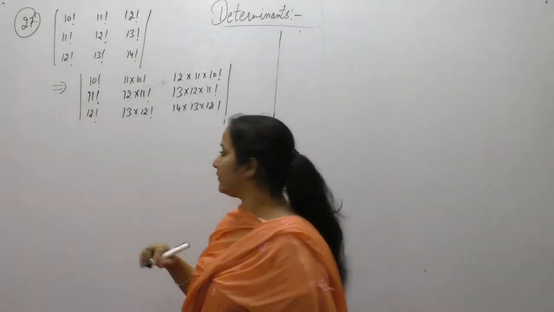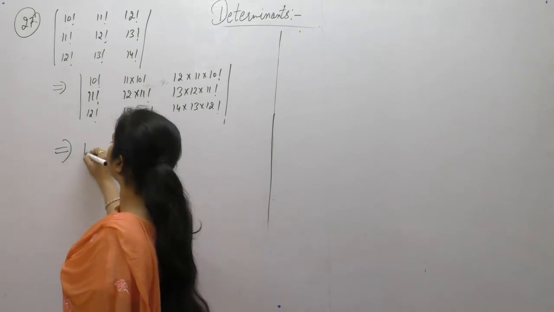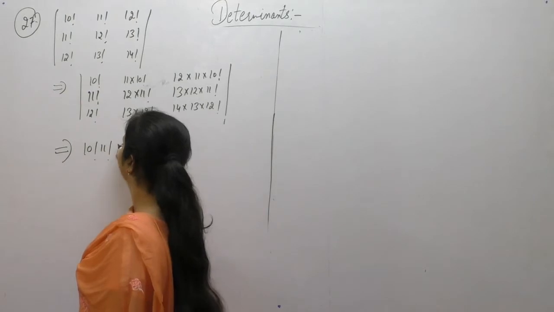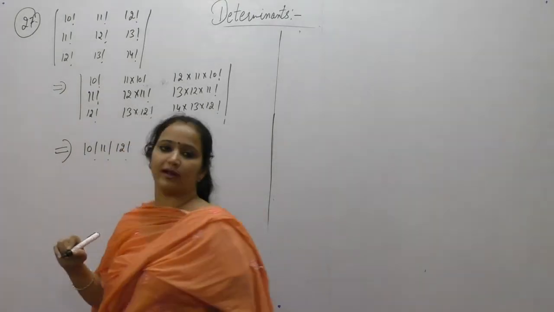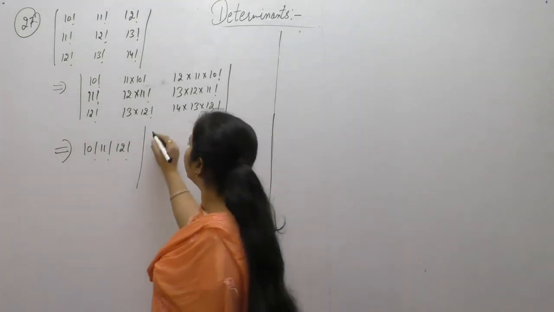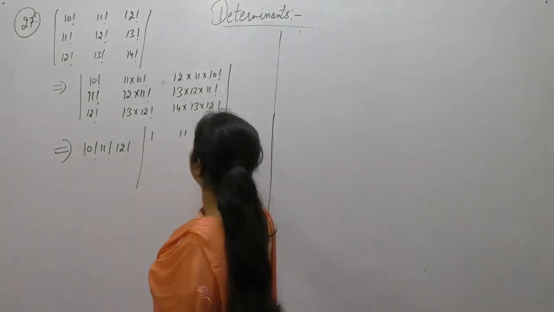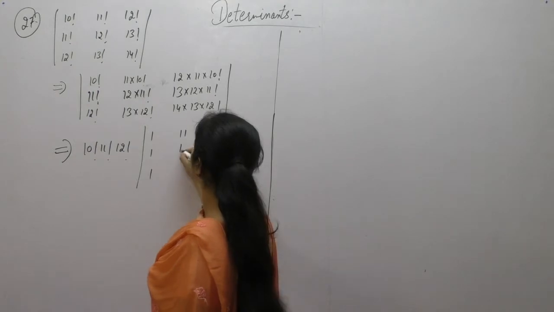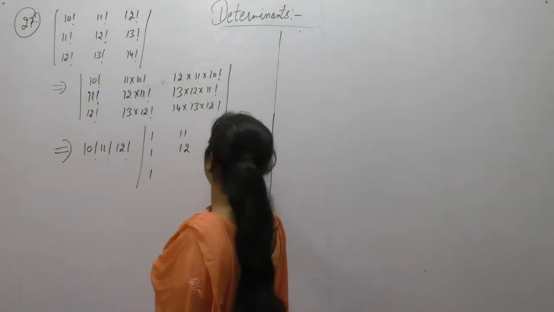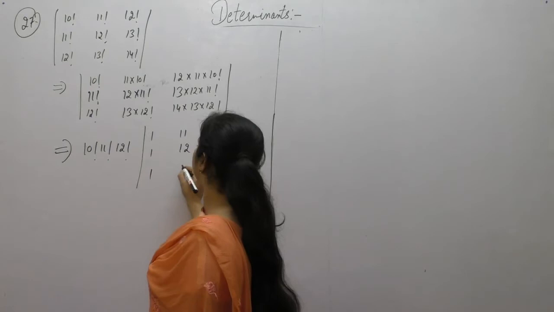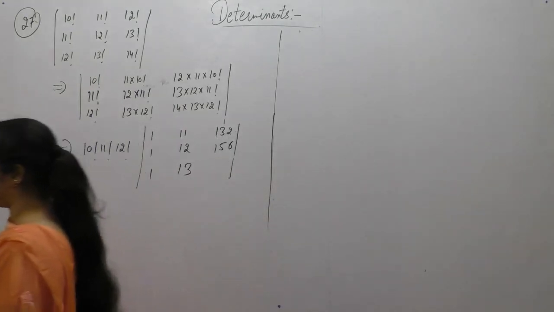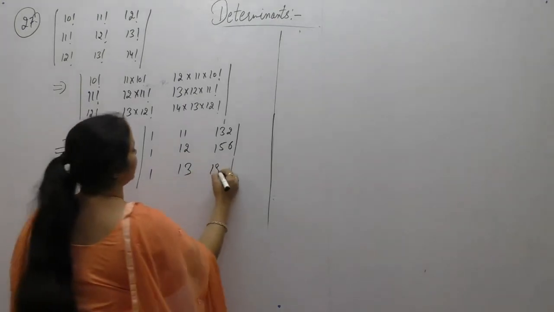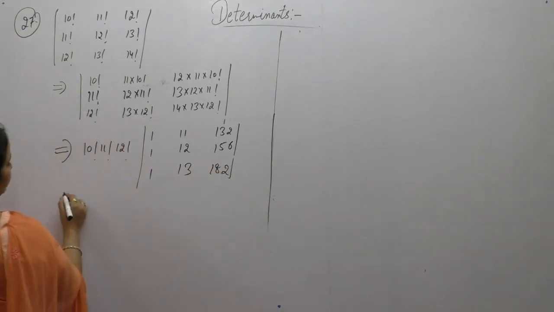Now from R1 take 10 factorial common, from R2 take 11 factorial and from R3 take 12 factorial common. So we are left with 1, 11, 12 into 11, 1, 12, 13 into 12, 1, 13 and 14 into 13, that is 182.